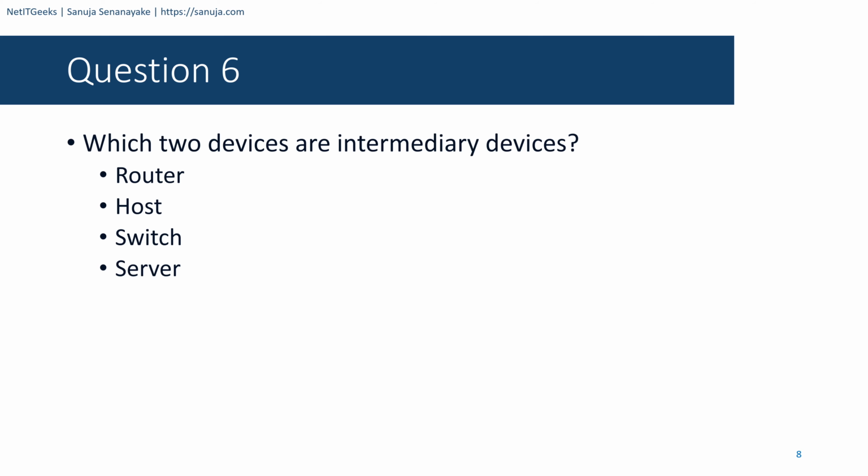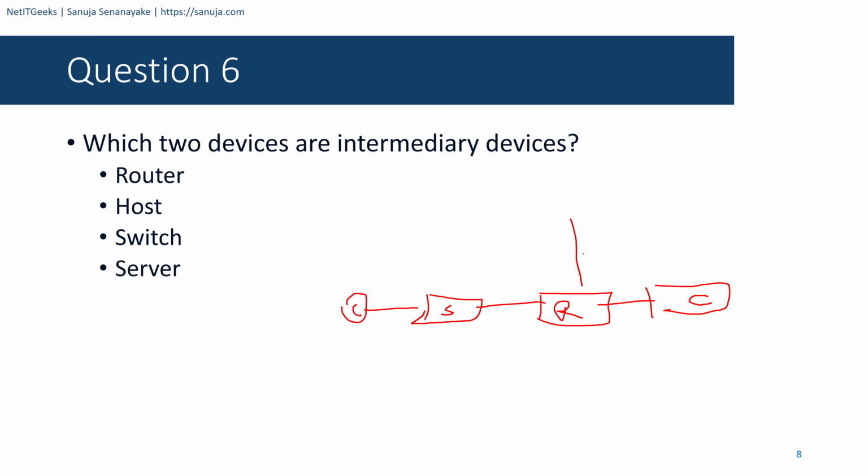If you have a network and you have a computer here and you have a switch here and you have a router here and you have another computer here, and if this is connected like this, and let's say we also have an ISP modem connected right here, and then let's say I have another switch here.